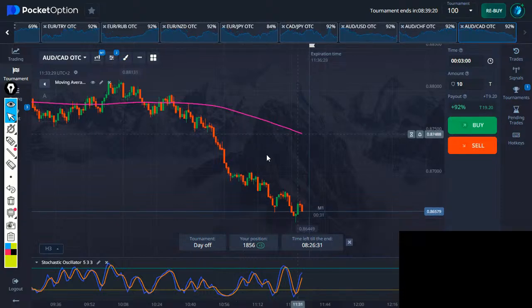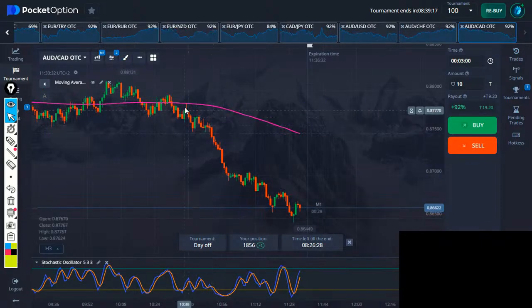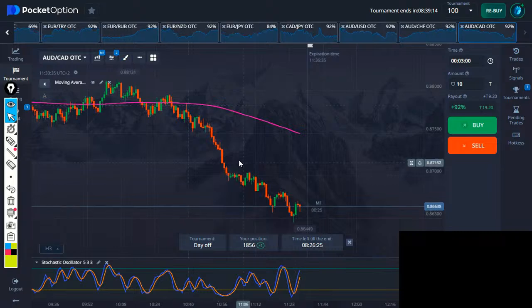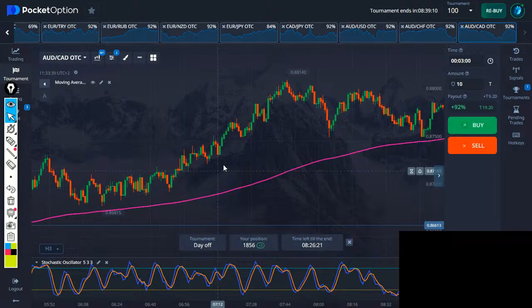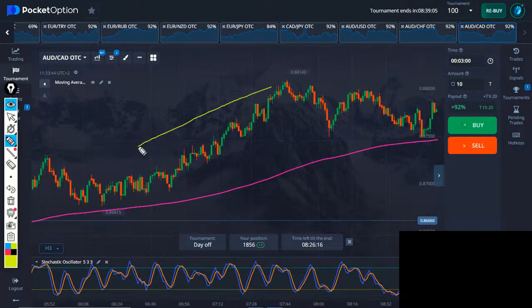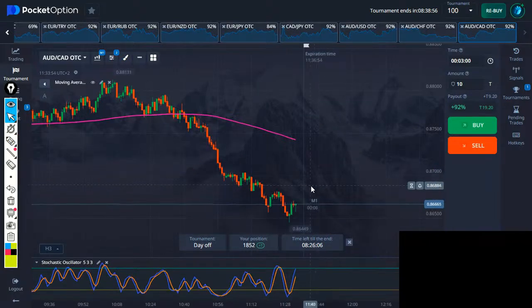So in this case, whenever you see something going down, we only take sell trades. Whenever the price is above the moving average, we take only buy trades. Okay, the trend is your friend. Cheesy but true.